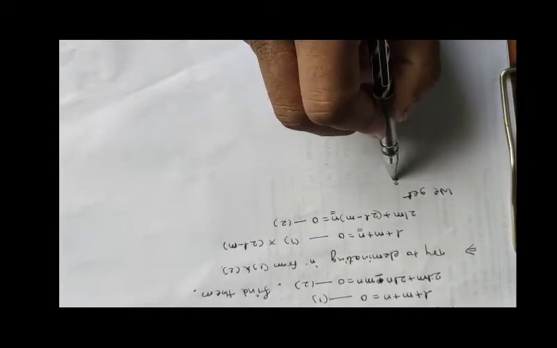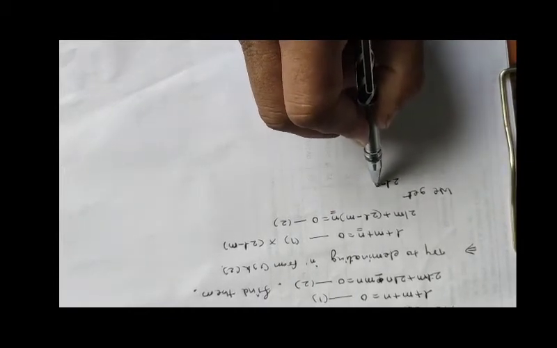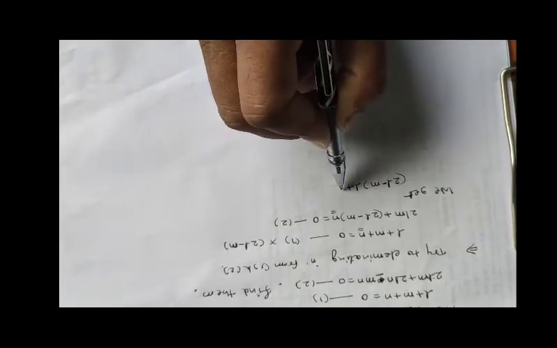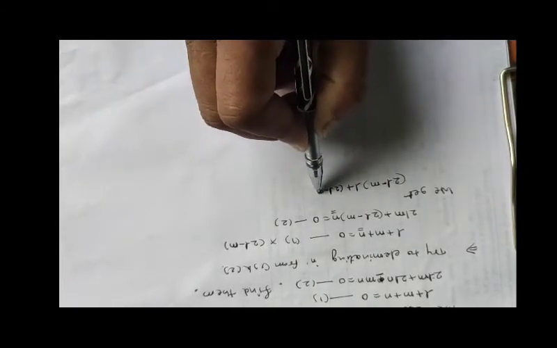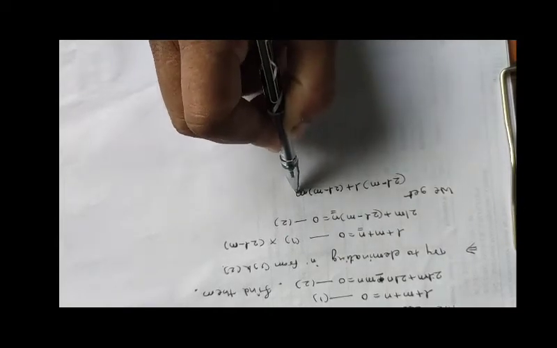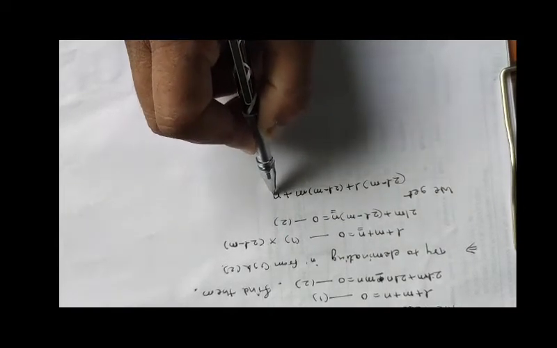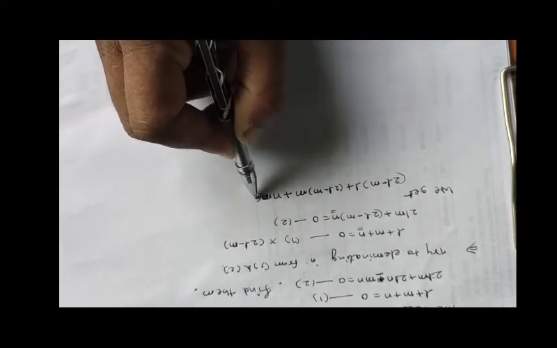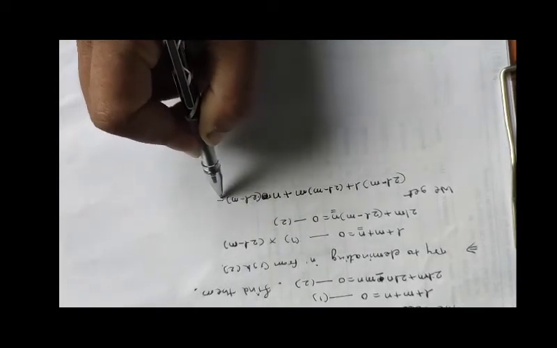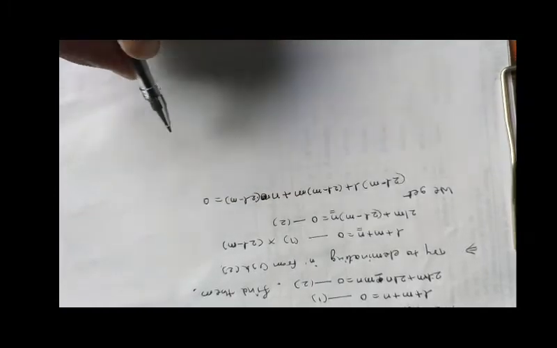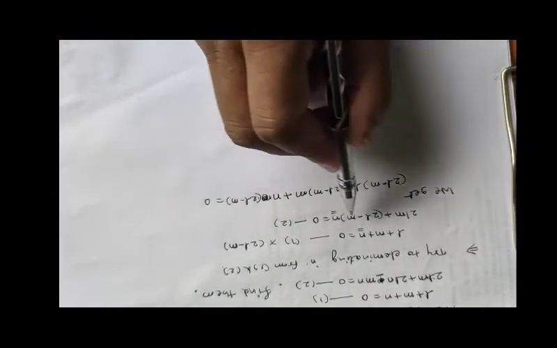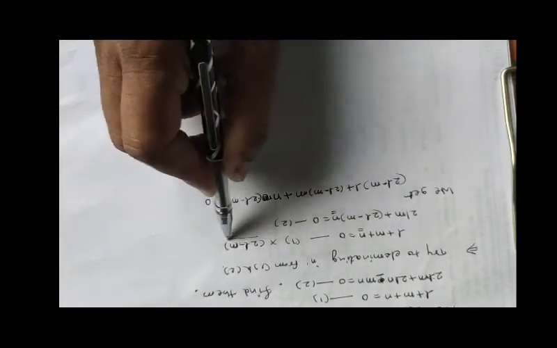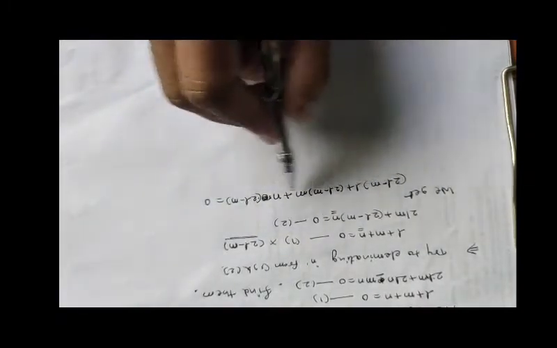So multiplying equation 1 by 2l minus m, we get (2l minus m) into l plus (2l minus m) into m plus n into (2l minus m) equal to 0. Multiplying each term of the first equation by 2l minus m, we get this equation.